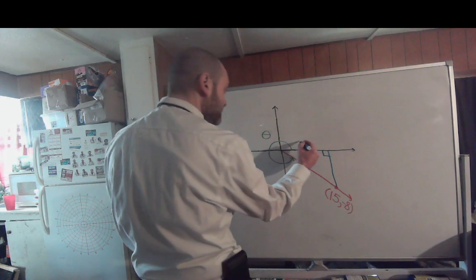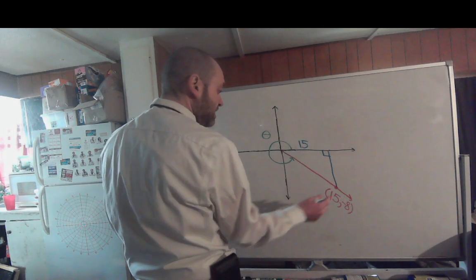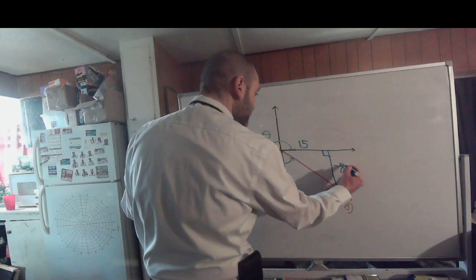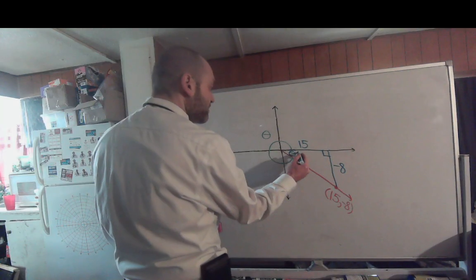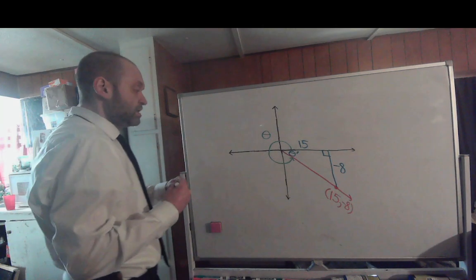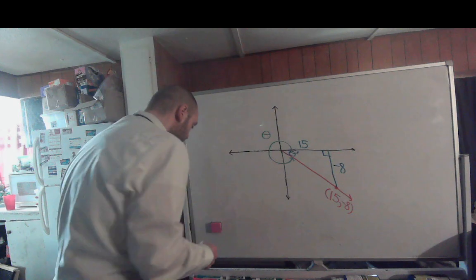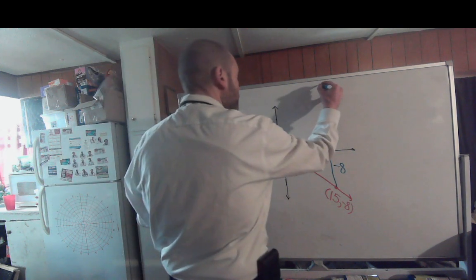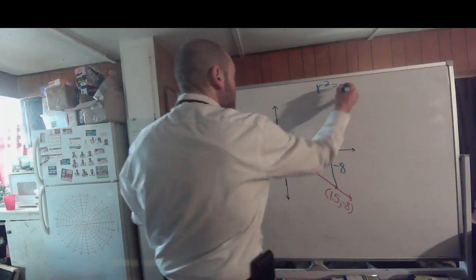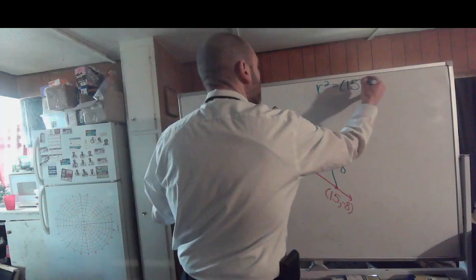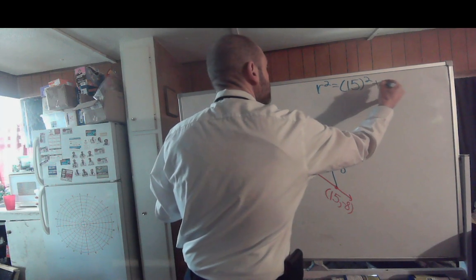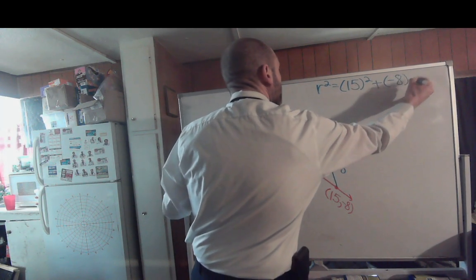Our x has a length of 15. Our y has a length of negative 8. We need to solve for the radius. So really we're going to be figuring out theta prime, which would be the reference angle. Okay, so let's find r squared. That's going to equal our x squared, which would be 15 squared plus that negative 8 squared.